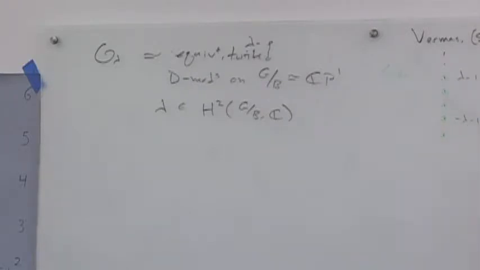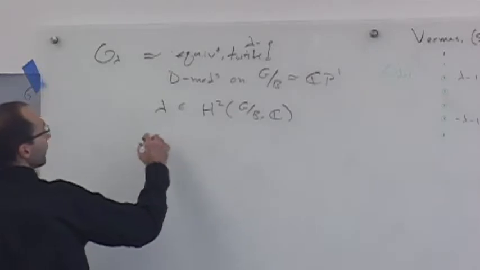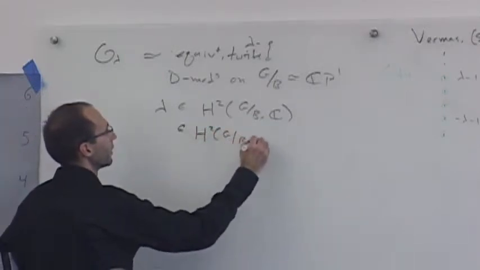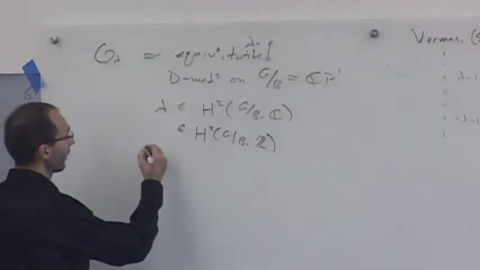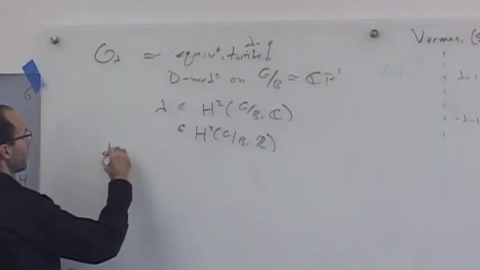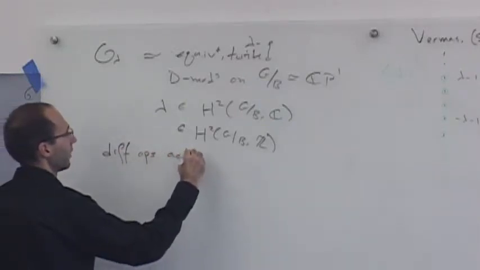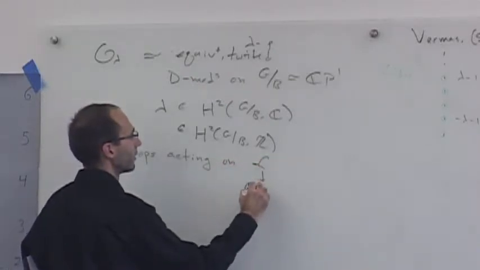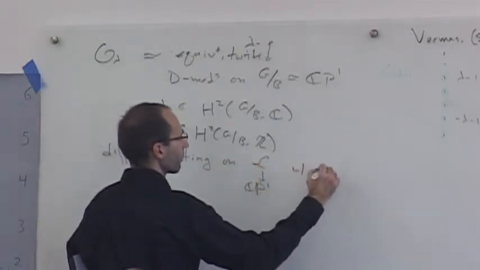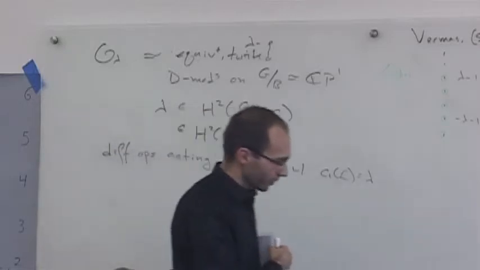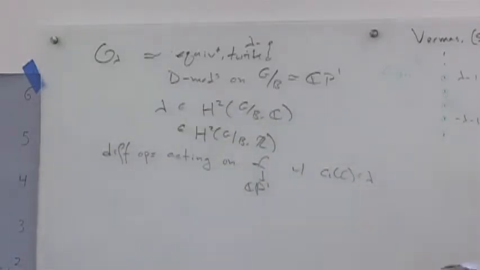In this particular situation, if lambda is an integer, so if, in fact, it's a class in H2 G mod B with integer coefficients, then we're looking at differential operators acting on sections of a line bundle over CP1, where the first Chern class of the line bundle is lambda. And that's a very concrete way to say what I mean by curvature. Does that help?